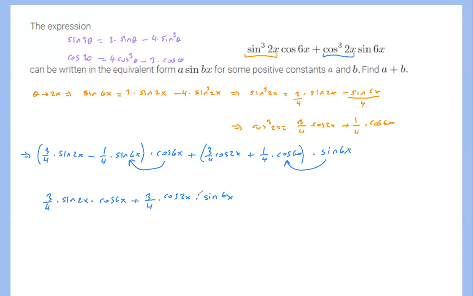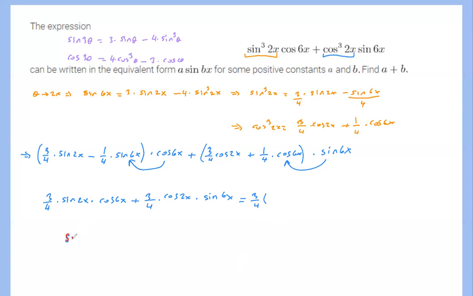This is also nicer because we have 3/4 common. We can pull out the 3/4. And also, you can see that sine 2x cosine 6x plus cosine 2x sine 6x is actually our first identity, the angle sum for sine. So if you remember that, that's just applying it, right?